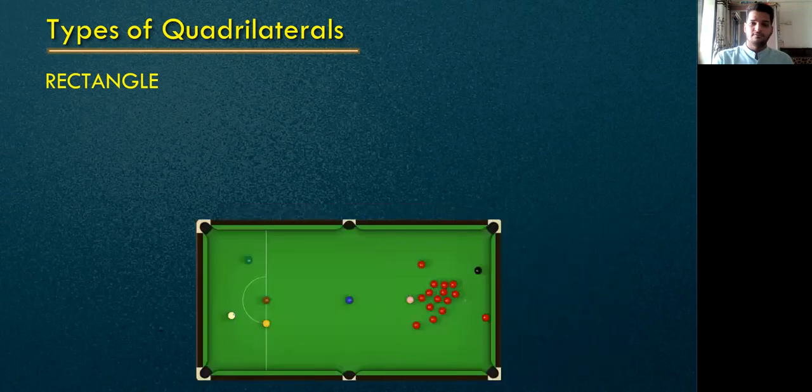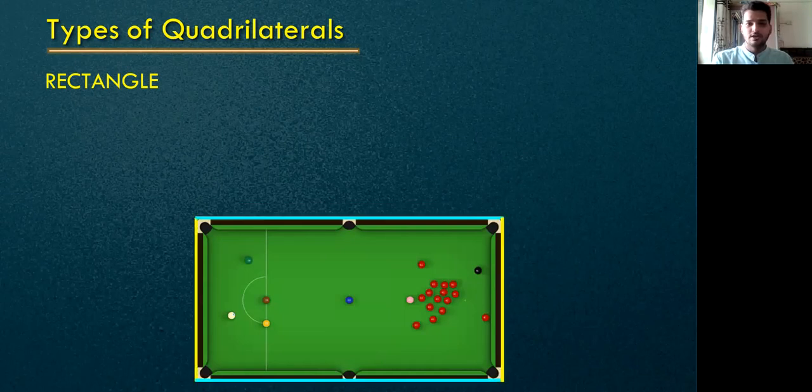If you observe the billiards board, this also presents a rectangle with opposite sides equal or congruent, all the angles of 90 degrees, right? So I hope you all would have understood the concept of a rectangle.